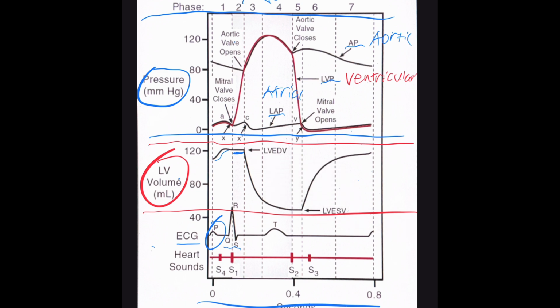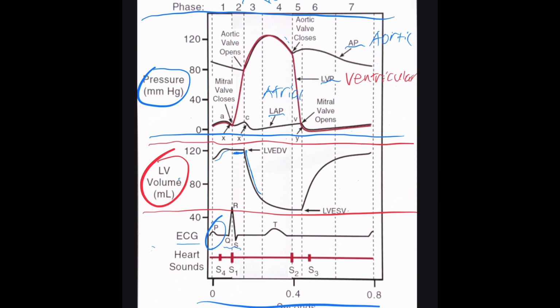So here is where we get to see our first big change. The left ventricle blood volume starts to drop rapidly. So why is this happening? The volume is dropping rapidly, but the pressure is going up. And that's because the ventricle is just squeezing harder. That's literally it. It's just squeezing harder to get the blood out into the aorta.